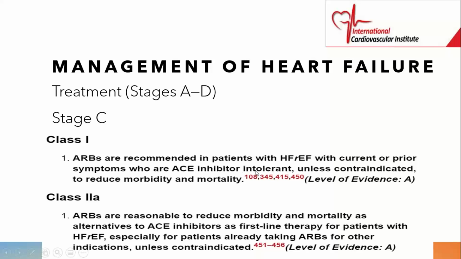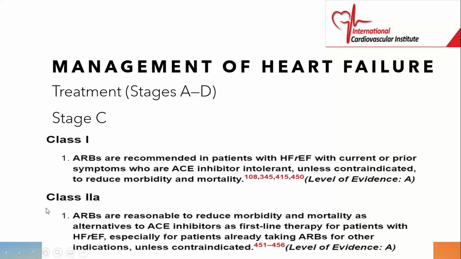So if the patient is ACE inhibitor intolerant, ARB is shot up to class 1. Okay? Angiotensin receptor blocker gets a class 1 indication, unless, of course, they're contraindicated to the ARB. And the ARBs reduce morbidity and mortality. Okay, so they reduce both morbidity and mortality as well.